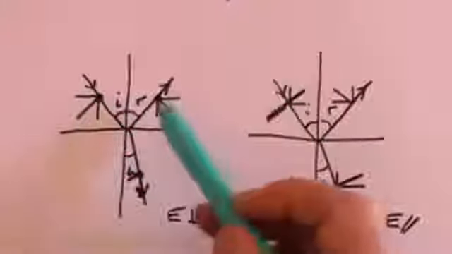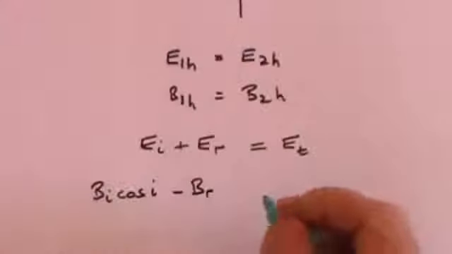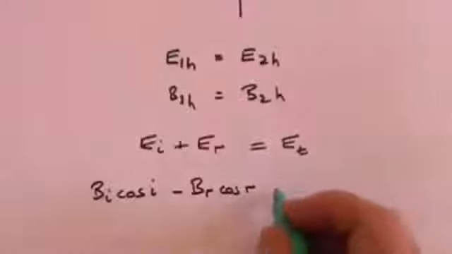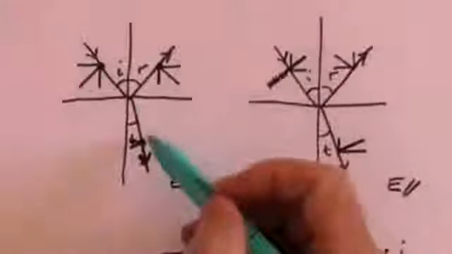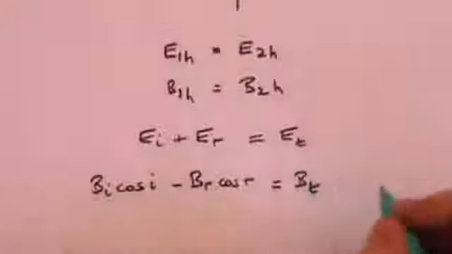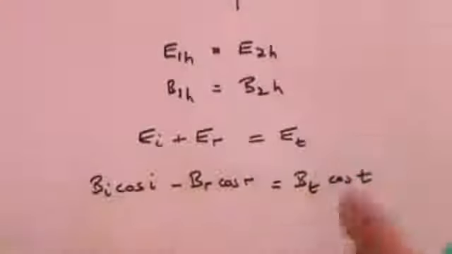This is going in that direction, this is going in this direction. So we've now got to have minus BR, the reflected B field, times the cosine of the reflected angle is going to be equal to, well, in this case it's the same direction as the incident B field, so that's going to be equal to BT, the transmitted or refracted B field, times the cosine of the angle of refraction.